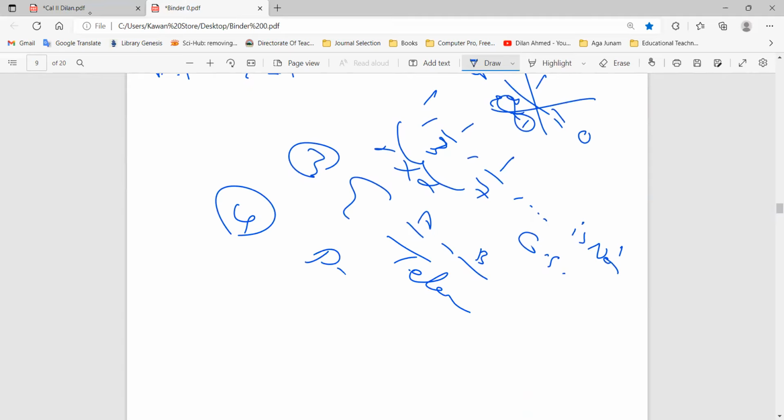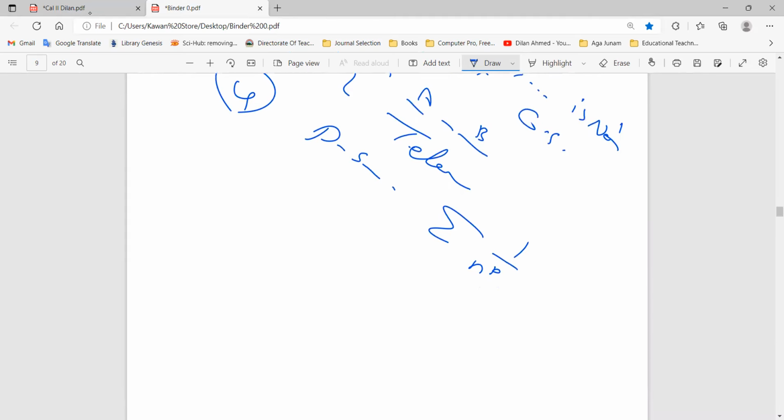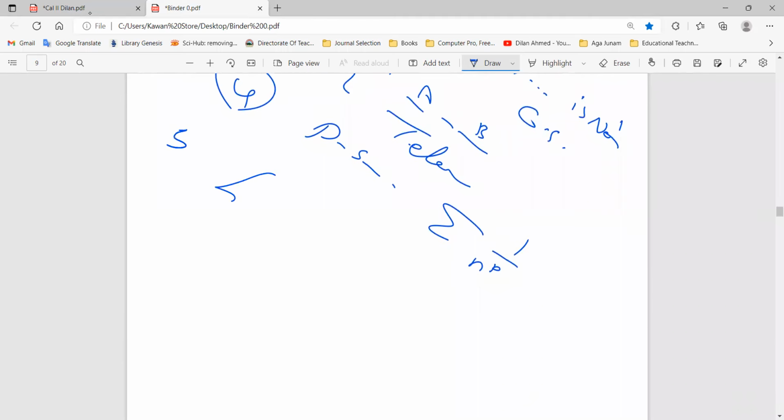Is it a P series? No. A P series is like that, not 2 to the power of something. Something to the power 2, we are waiting for that one, or something to the power p. So it's not like that. So how do we solve it? The last thing we are thinking about is the limit comparison test.